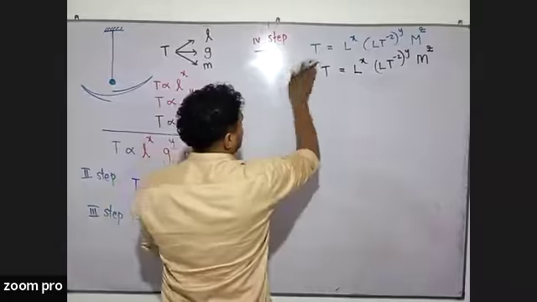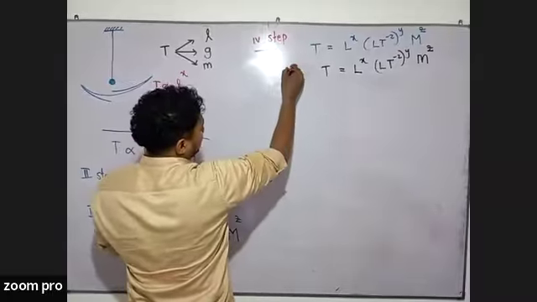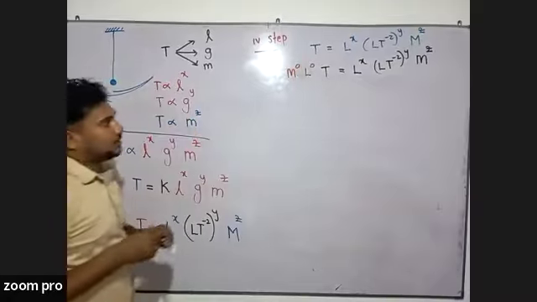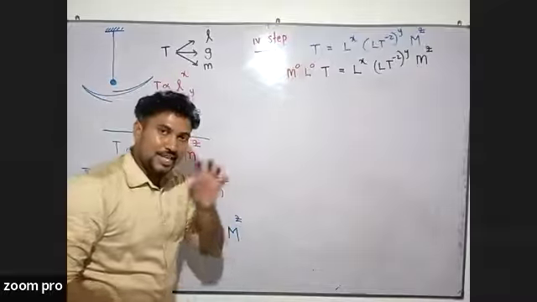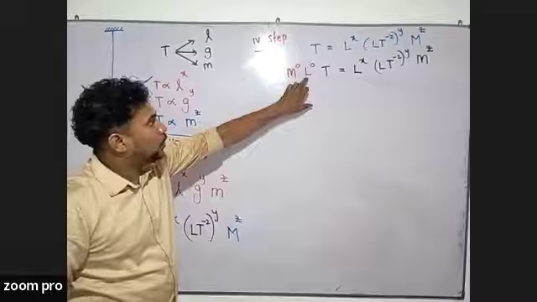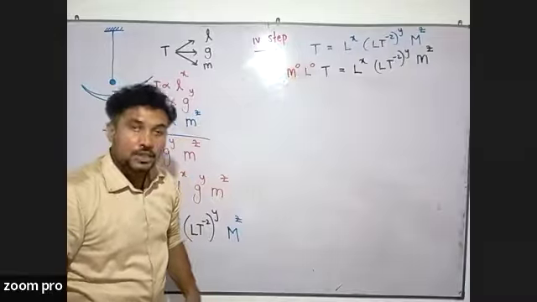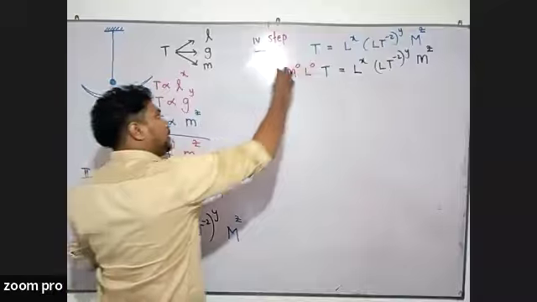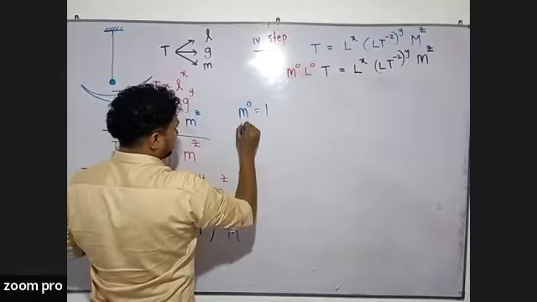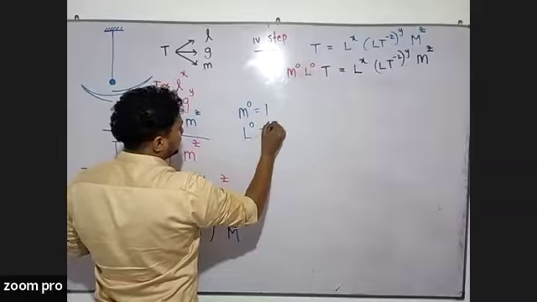Just notice this very carefully. Is there any impact on the expression by applying M to the power of 0 or L to the power of 0? No, because M to the power of 0 is equal to 1, and L to the power of 0 is equal to 1.